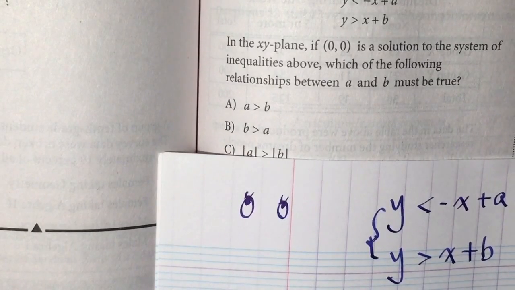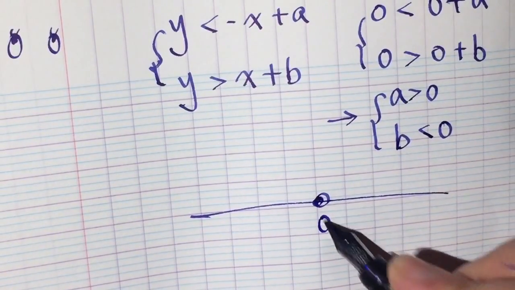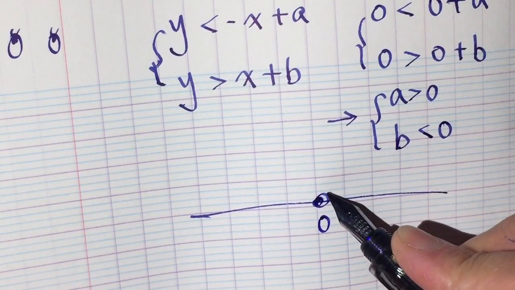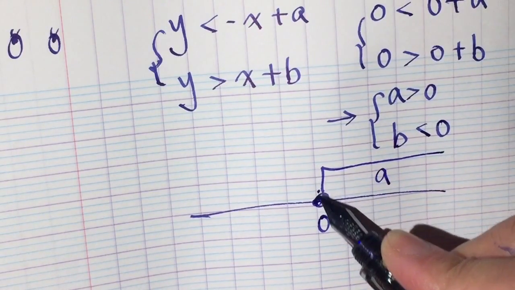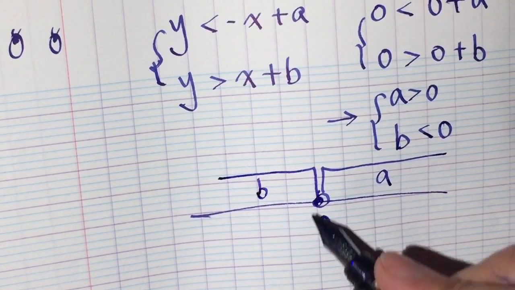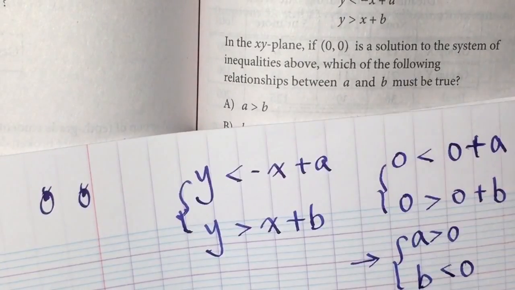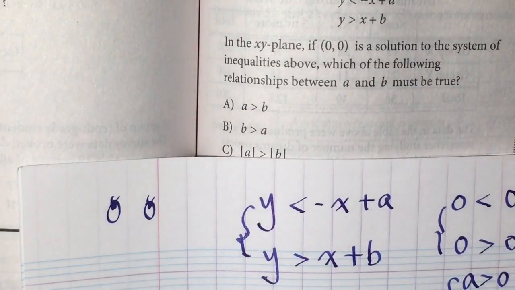Now we put a line. Here is 0, and a is bigger than 0, b is smaller than 0. So a is bigger than b, so the answer is A.